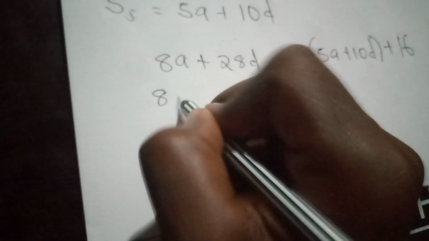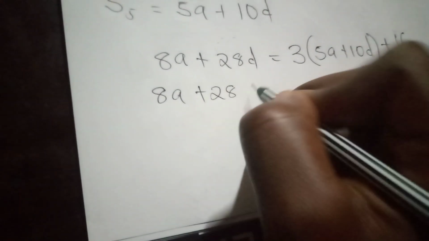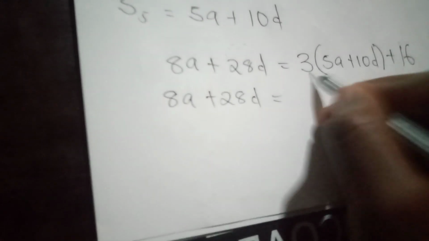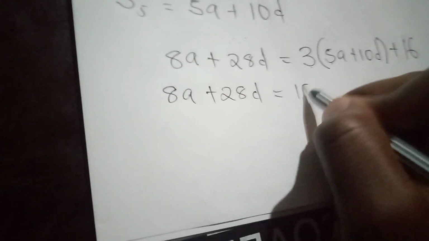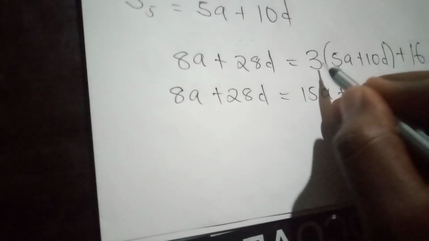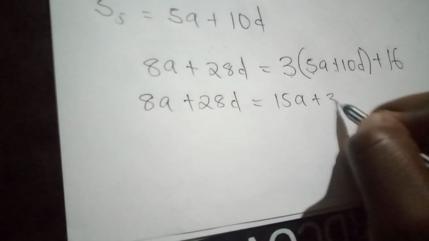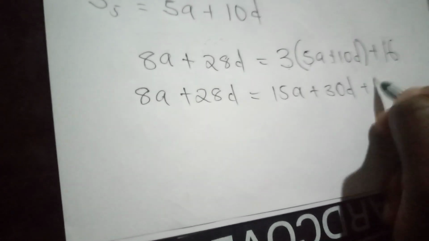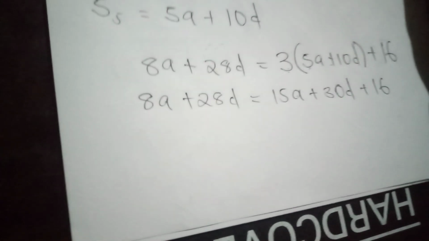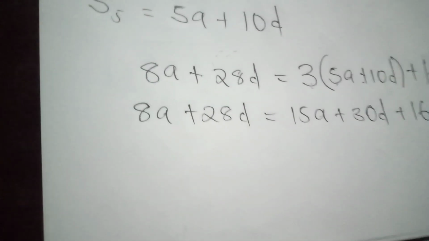So 8a plus 28d is equal to 3 times 5, that is 15a, plus 3 times 10, that is 30d, plus 16.